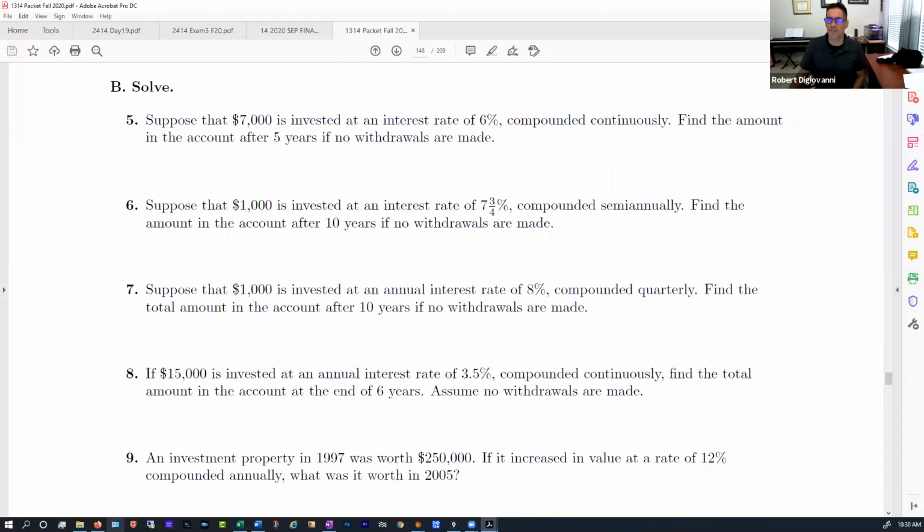So on this, you couldn't really do this problem, right? Because I hadn't talked about continuously compounded interest. So now you should be able to do number 5, because you're putting this money in, you're given an interest rate, it's compounded continuously, and they give you 5 years.